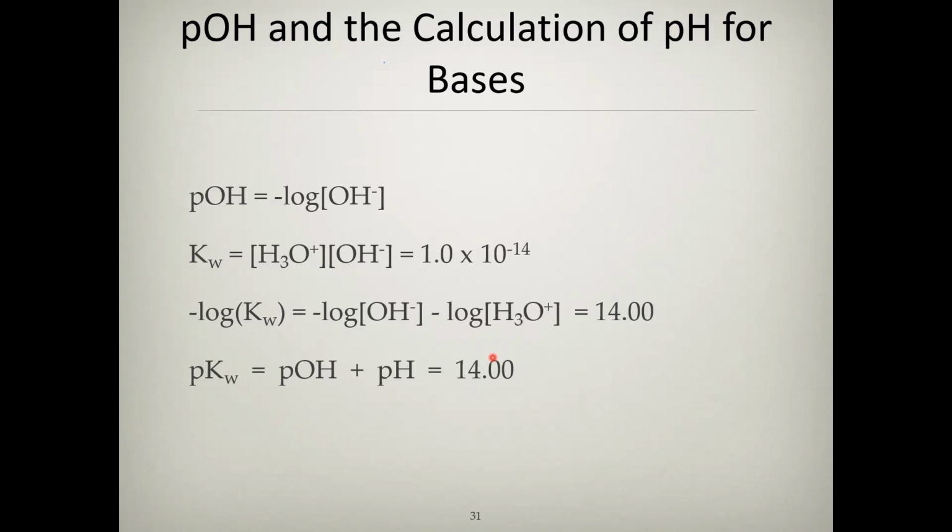And then since the sum of pOH and pH is always going to be equal to 14, if we know the pOH, we're also going to know the pH, so we could calculate the hydronium ion that way, or we could use the water Kw product.